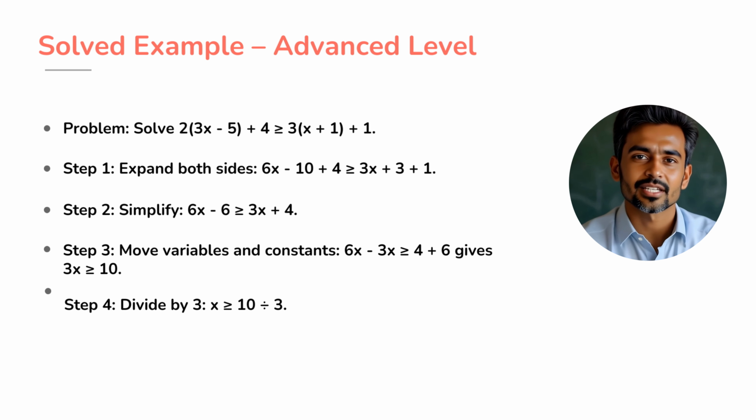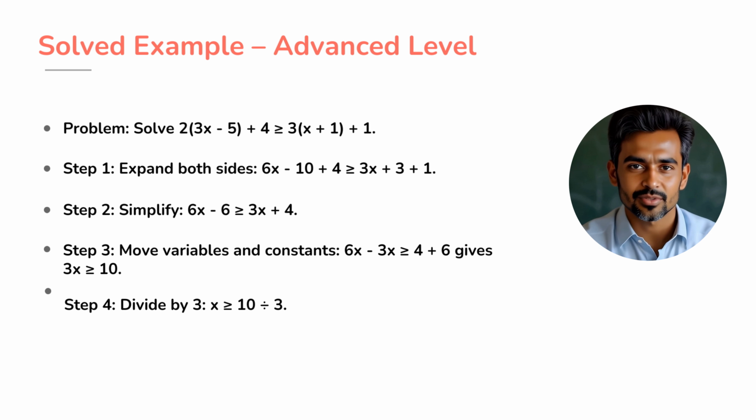Now, let's take an advanced example. Solve 2(3x - 5) + 4 ≥ 3(x + 1) + 1. Let's expand. Left side becomes 6x - 10 + 4, which simplifies to 6x - 6.